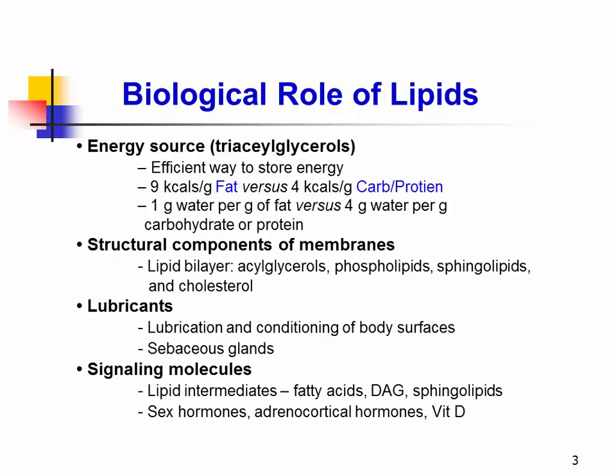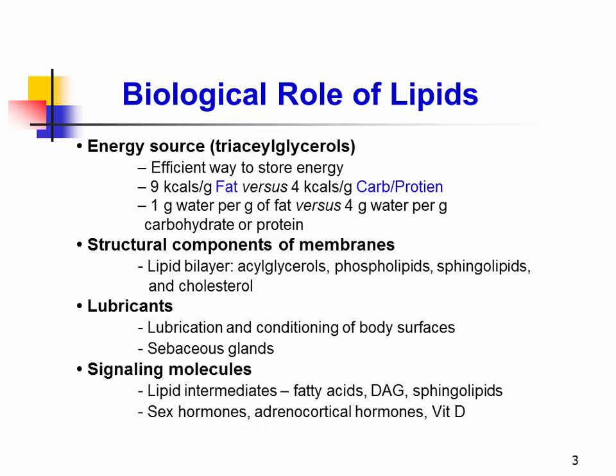So, the biological roles of lipids. There are several roles, and the most important role of lipids is as an energy source, right? For example, triglyceride. We use triglyceride for energy, for ATP production. It is actually a very important way to store energy.